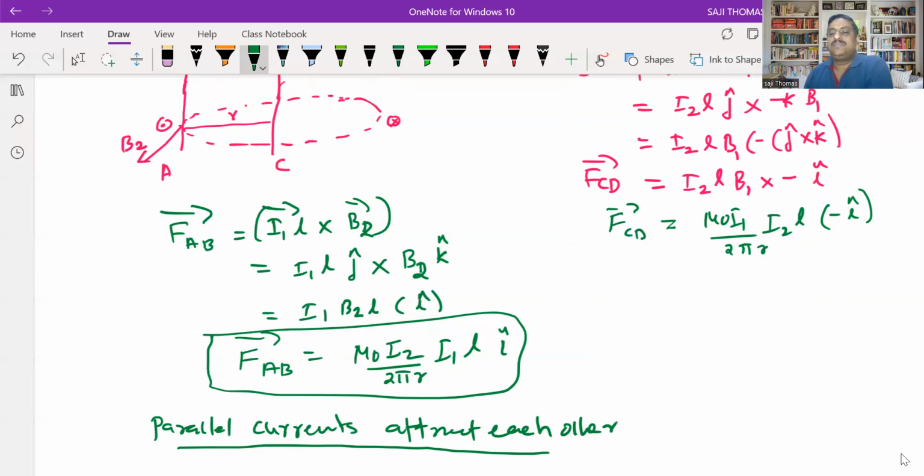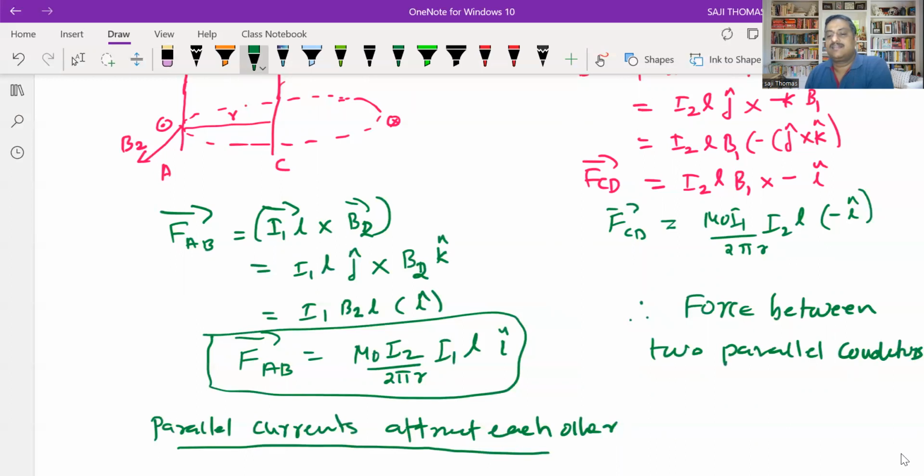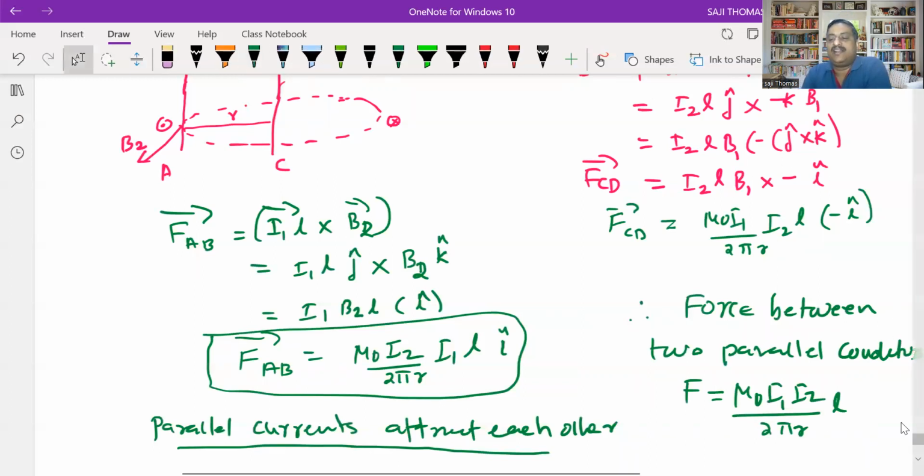So what is the force between two parallel conductors? Therefore, force between two parallel conductors, F is equal to mu 0 I1 I2 by 2 pi r into L. This is the magnitude of the force between the two parallel conductors.